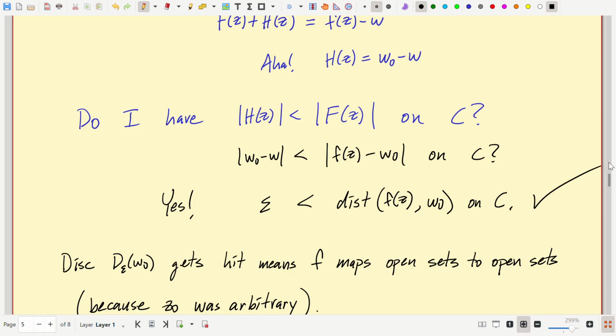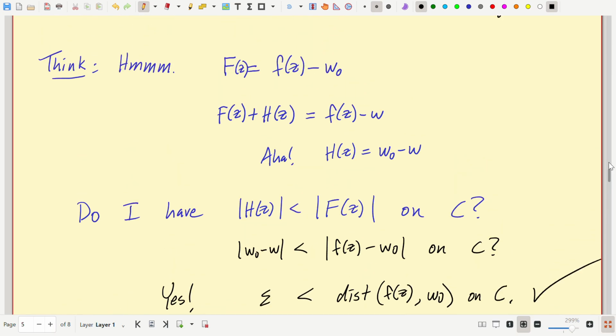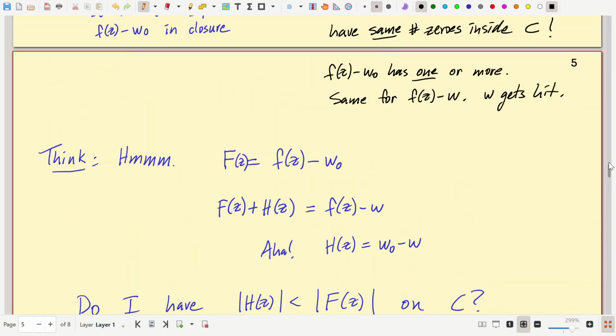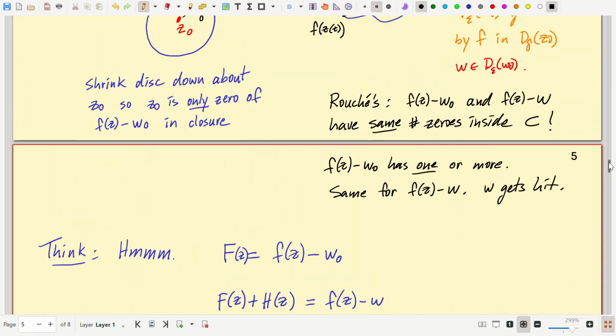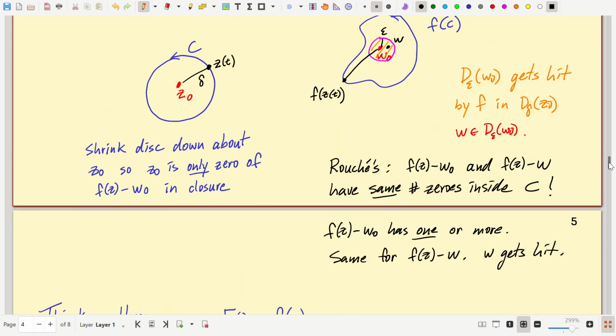So why does that imply that the image is open here? When I had this w naught, I wanted to show all the w inside that disk get hit. And so my two functions are f of z minus w naught and f of z minus w. They have the same number of zeros. That's what I want to show.